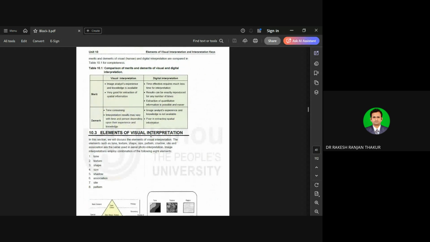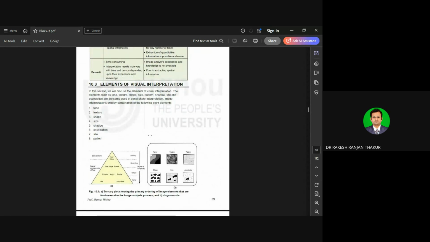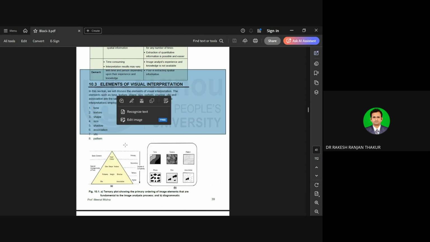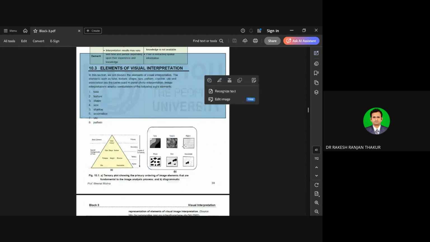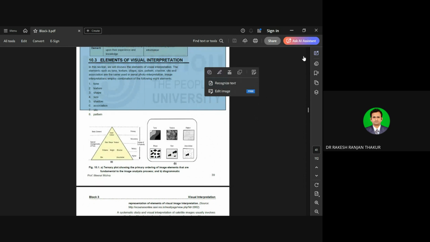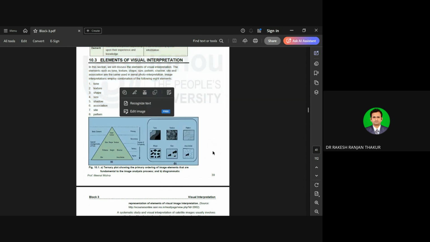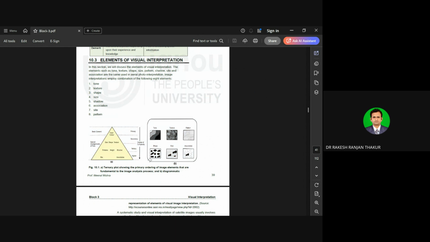Some more examples are given here, like tone, texture, shape, size, shadow, association, site, and pattern. It is given in a very detailed manner, I can say.